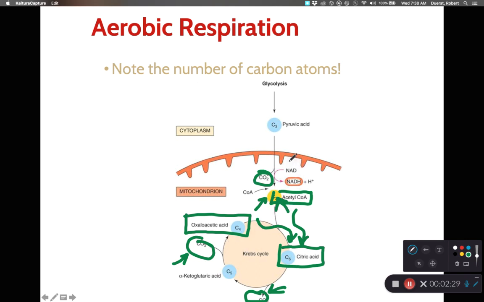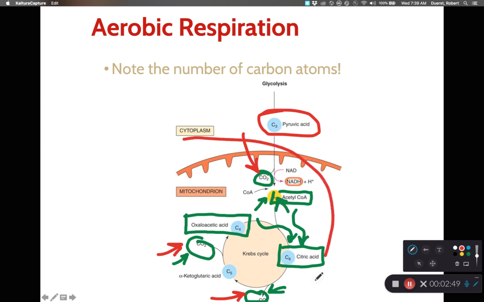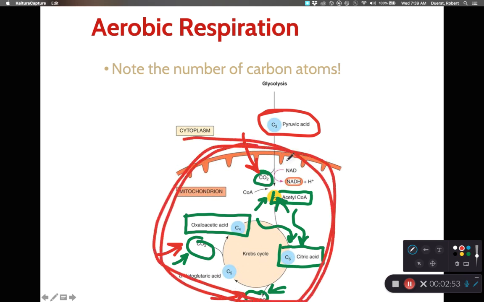So for every glucose molecule that enters cellular respiration, we ultimately are going to lose a total of 2 carbons by making acetyl-CoA, and then 4 carbons in the citric acid cycle. Another way to think of this is that 1 glucose gets turned into 2 pyruvic acids, and then everything down here is multiplied by 2 because we have the 2 pyruvic acids.